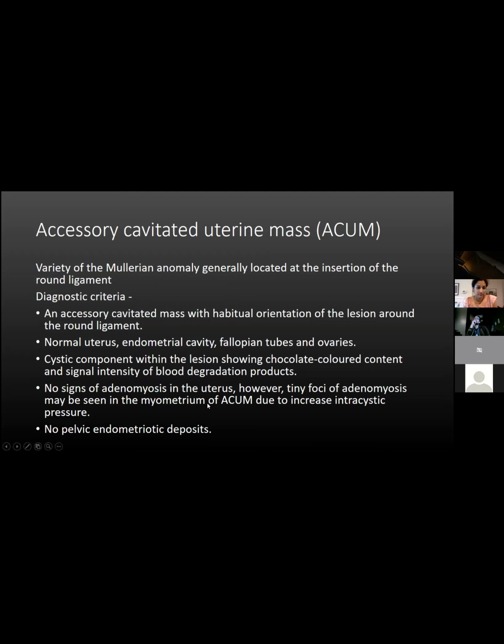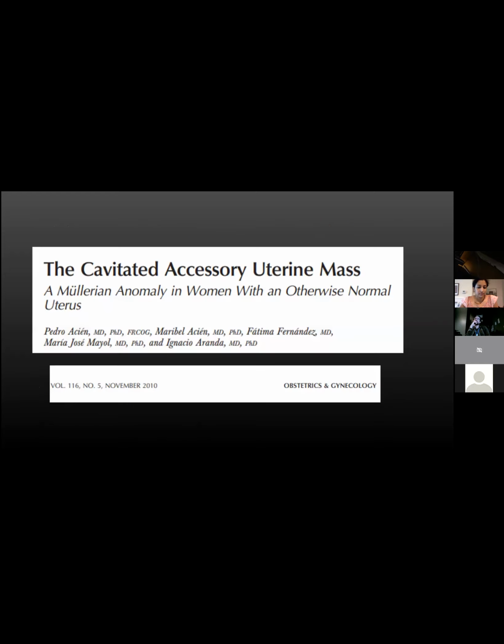So the surgeon's question was, do you think it's a Mullerian abnormality that they've operated her for, or is it all a manifestation of endometriosis or adenomyosis? I think we can confidently say that it's probably related to adenomyosis and probably was not a Mullerian duct abnormality. That's one of the reference journal articles from the Obstetrics and Gynecology journal, which talks about the diagnostic criteria in this condition.